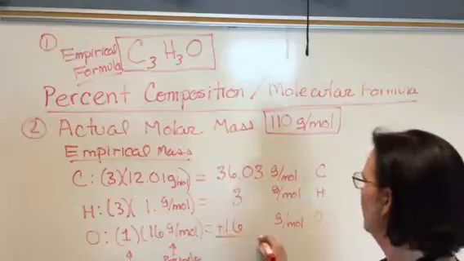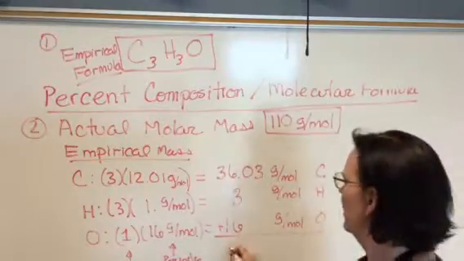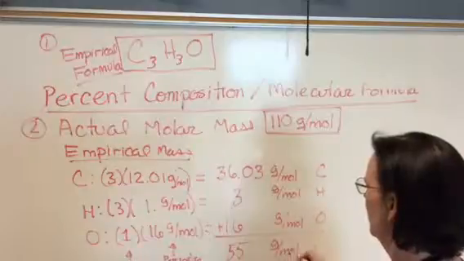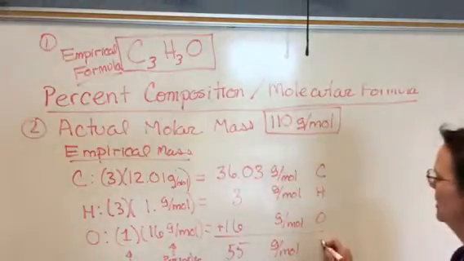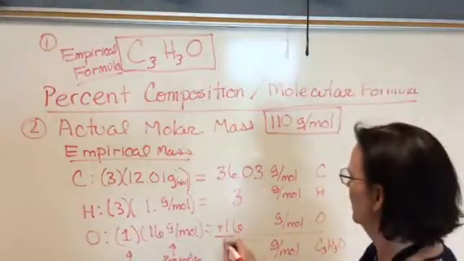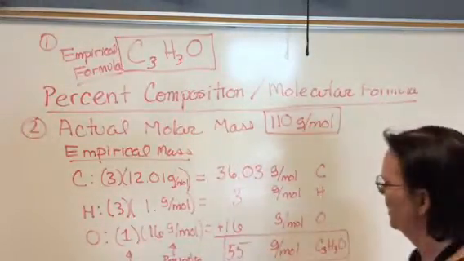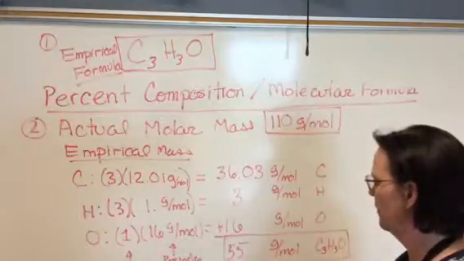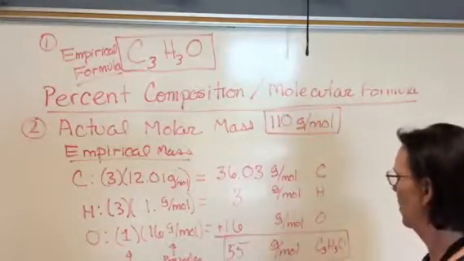And when we add all of these up, we will get 55 grams per mole when we're talking about our C3H3O. So this right here is our empirical weight, or empirical mass.